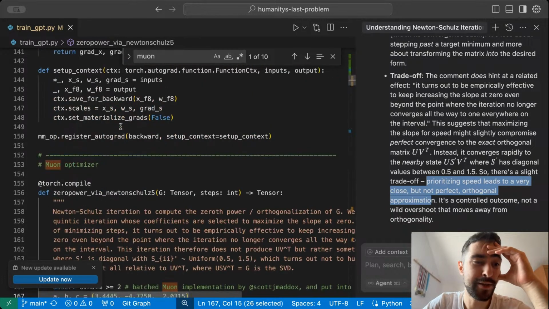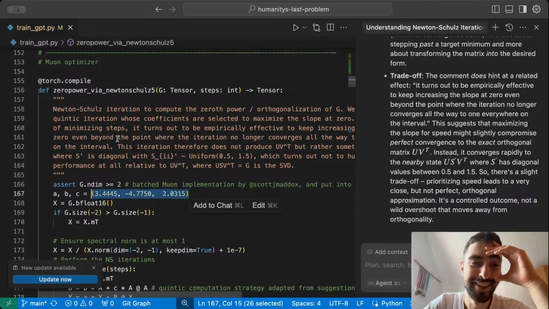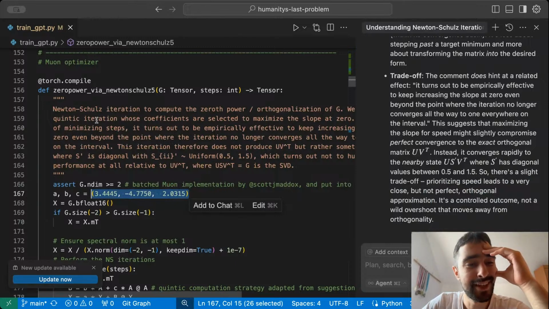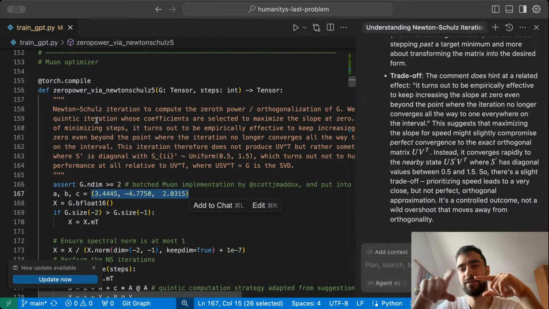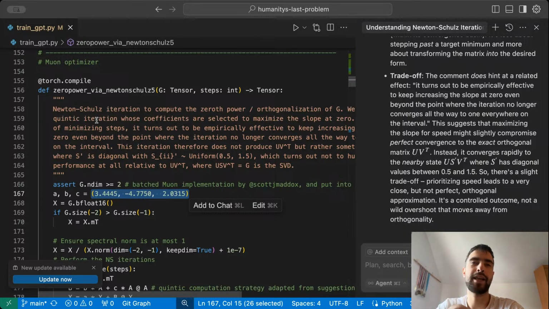Okay, so let me try to repeat everything. So we got some matrix that's weights and activations, like neuron values and weights. We want to orthogonalize this matrix to make each row or each column orthogonal to each other, so their dot product is 0, for efficiency computation purposes.